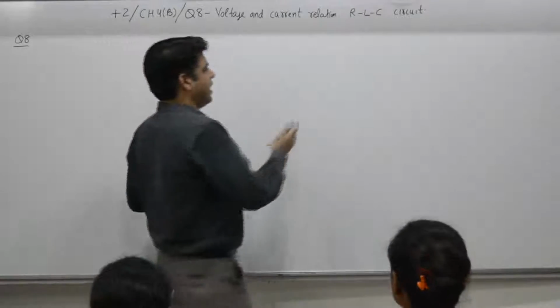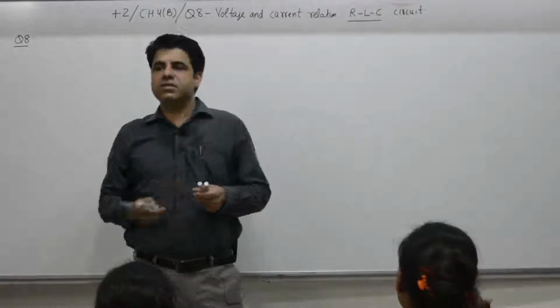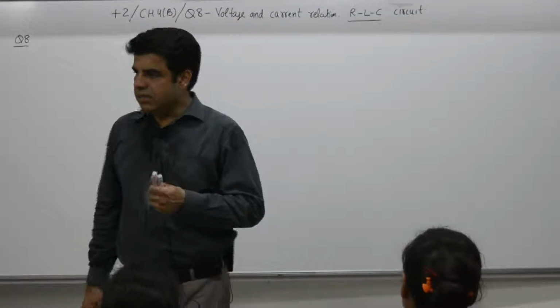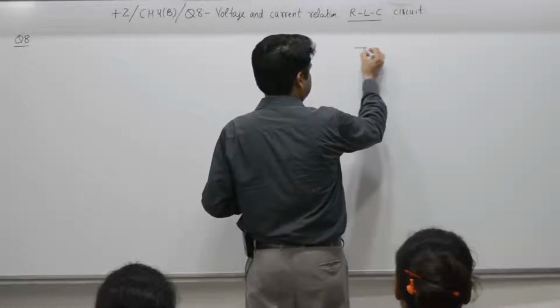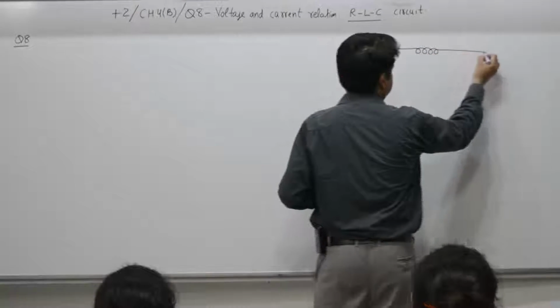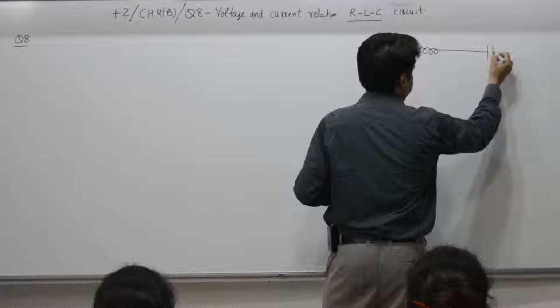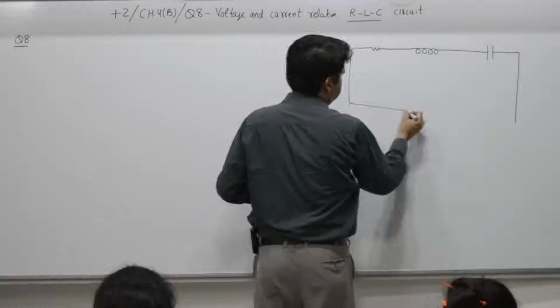After taking up RL and RC, now what we have is 3 elements: resistance, inductance and capacitance. So if you take 3 elements, resistance, inductor and a capacitor, apply a sine wave.